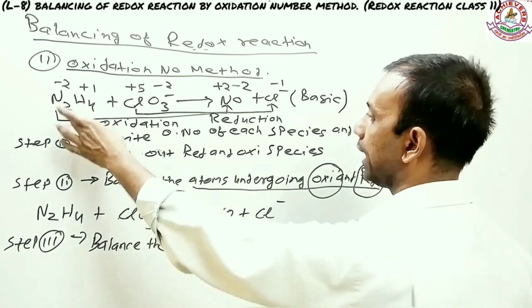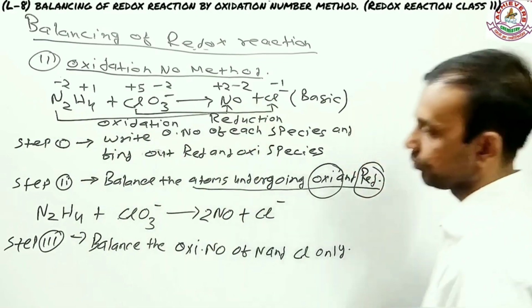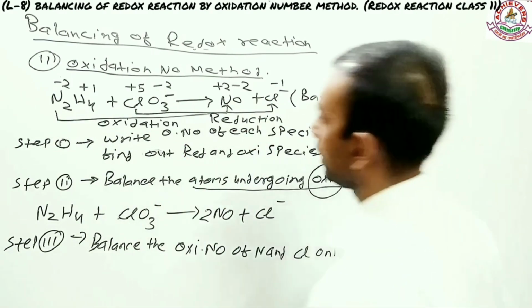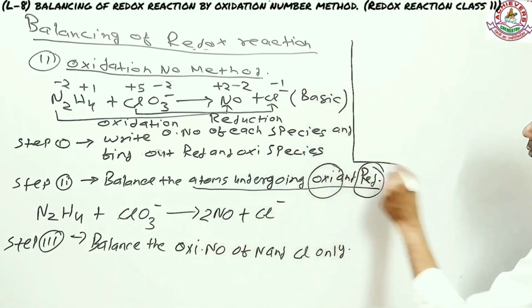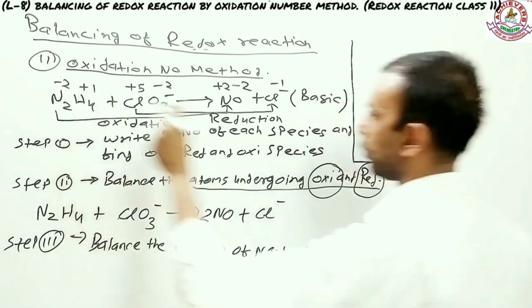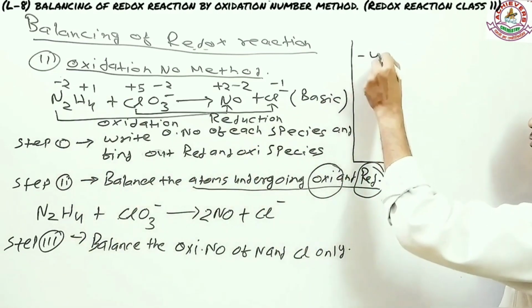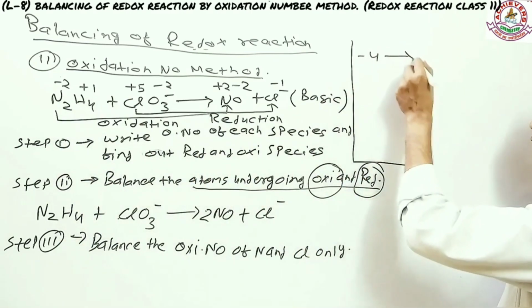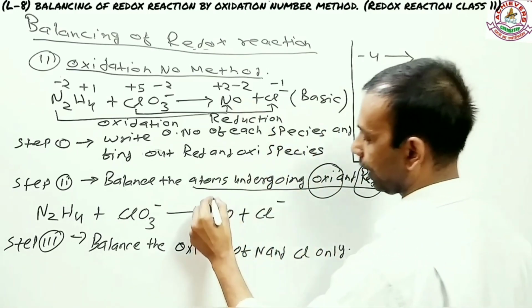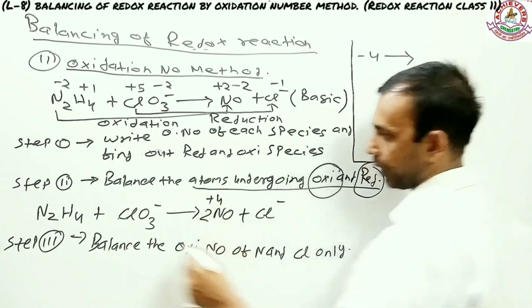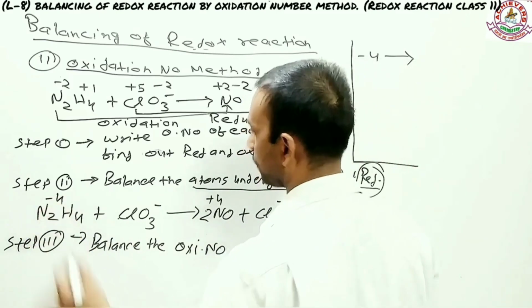So just concentrate on nitrogen and chlorine, nothing else. Let me do some rough work here. There are 2 nitrogen. For the 2 nitrogen here, it is going to be -4, and for the 2 nitrogen there, it is going to be +4.